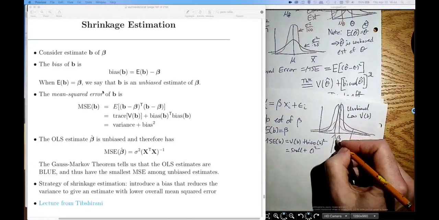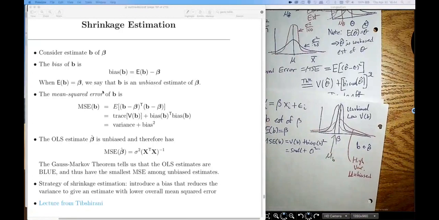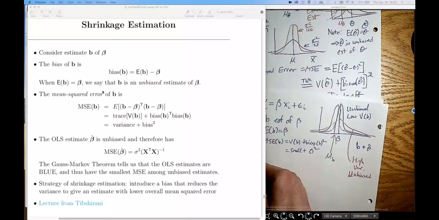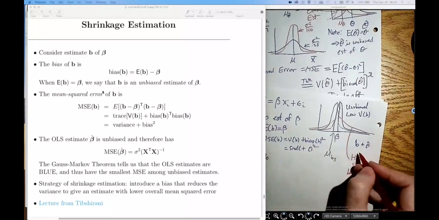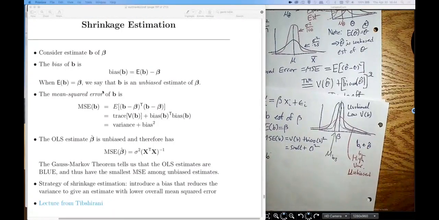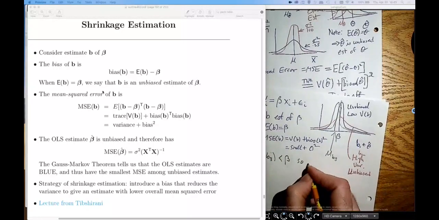So in this case, this would be the mean of my estimate. And notice that for this estimator, it's biased. So the expected value of B, maybe I should call this B3. We could call this B2 and this is B1. So the blue is B1, the red is B2. The mean of this is actually less than beta, so it's biased.